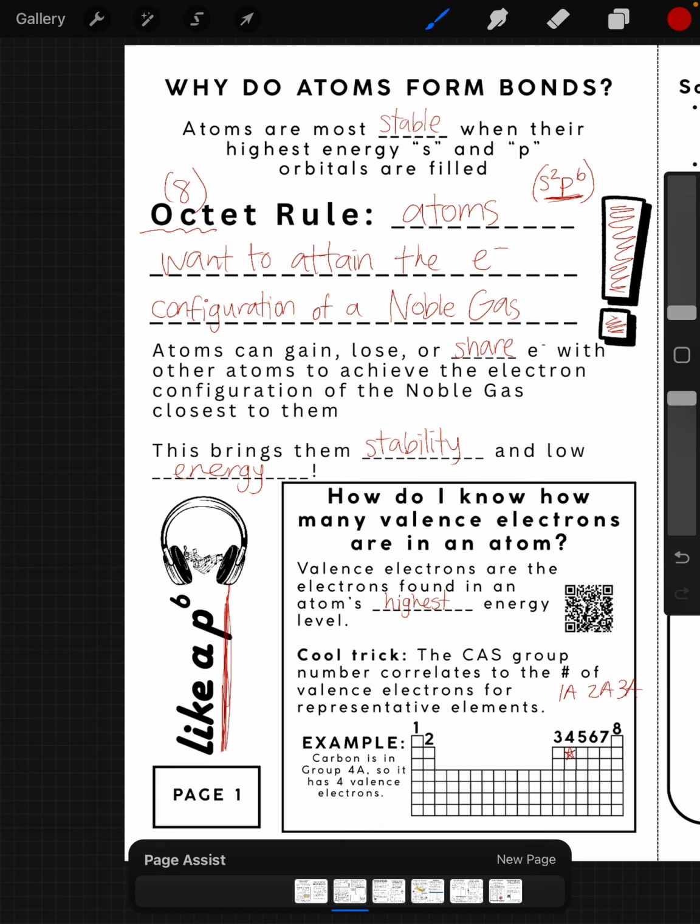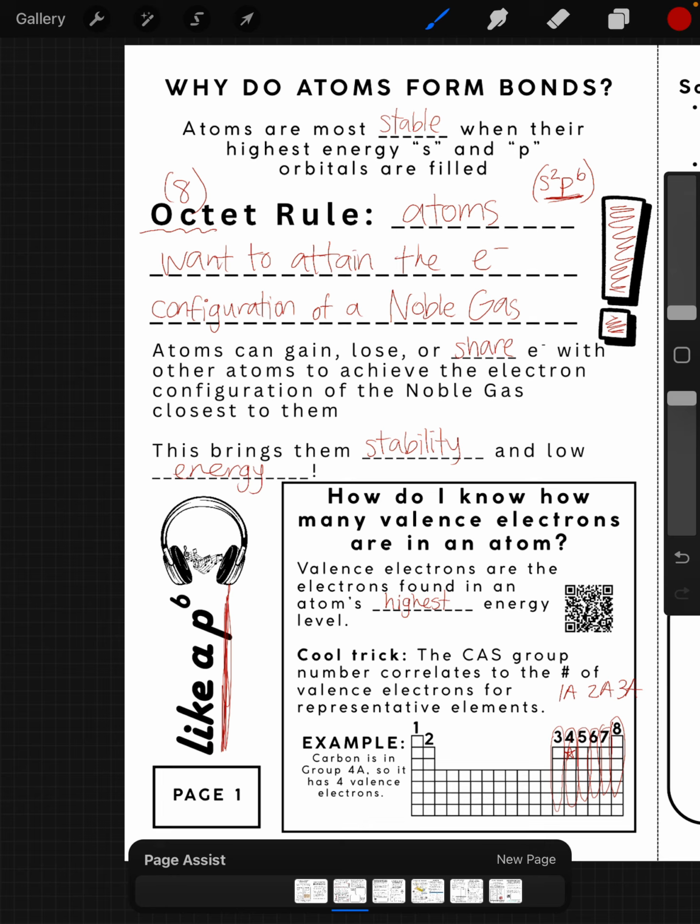This also technically works with the IUPAC system, 1, 2, and so on, 13, 14, 15, 16, 17, if you just get rid of the 1. The point is, if it's in this column right here, it's going to have 3 valence electrons. This one 4, this one 5, 6, 7, 8. Okay, so that's how you find valence electrons.